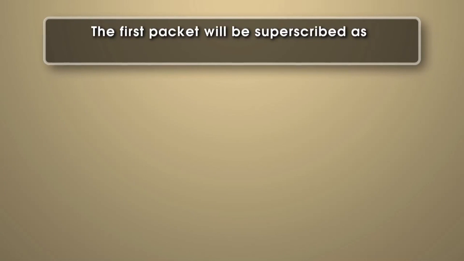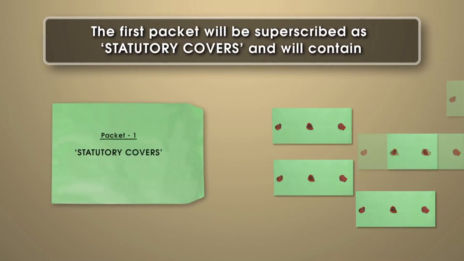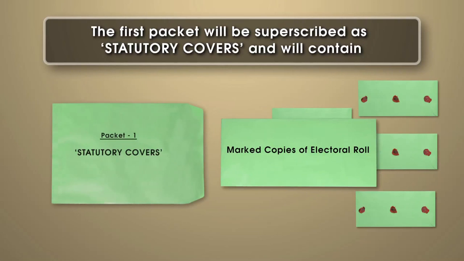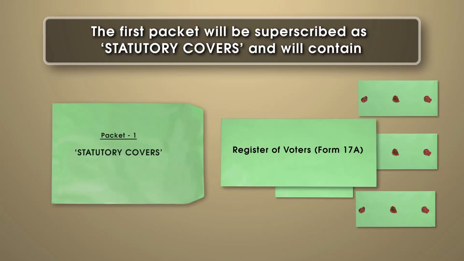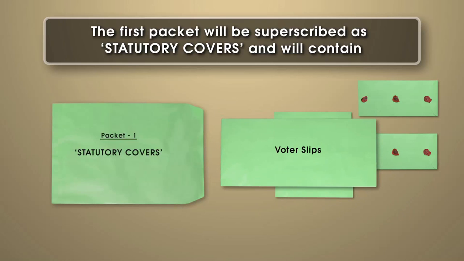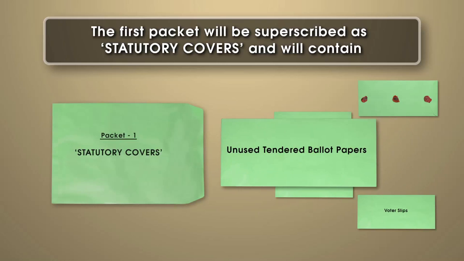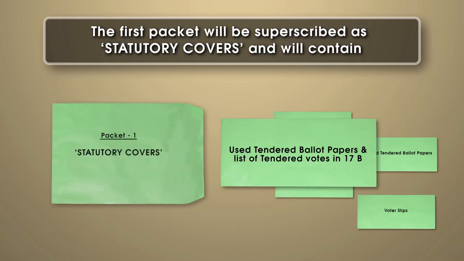The first packet will be superscribed as statutory covers and will contain the sealed cover containing marked copies of electoral roll, the sealed cover containing Register of Voters Form 17A, the sealed cover containing voter slips, the sealed cover containing unused tendered ballot papers, the sealed cover containing used tendered ballot papers and list of tendered votes in 17B.